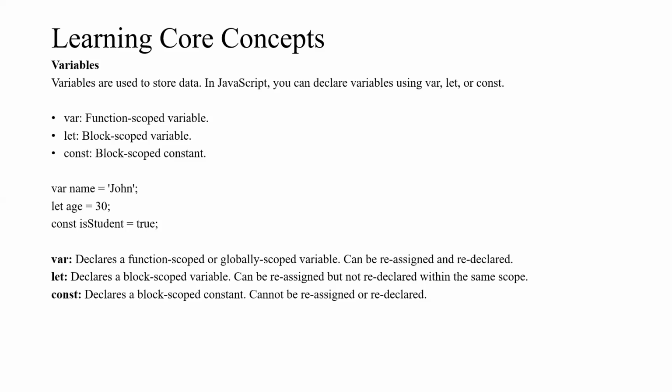It can also be reused, reassigned within the same scope. Likewise, const is a constant, can also be declared as a block scope constant, and it cannot be reassigned and redeclared, because it's very crucial and different from the var and the let tag.